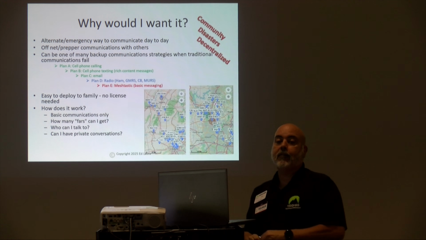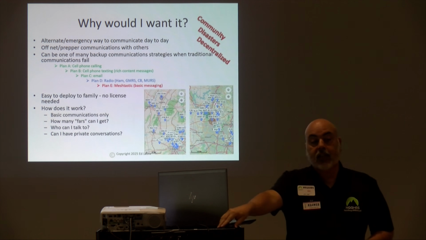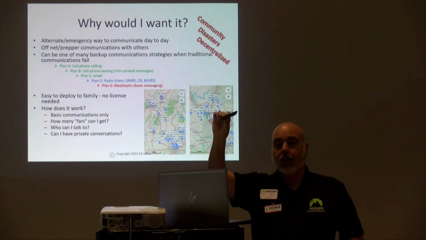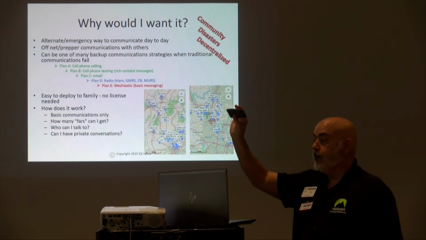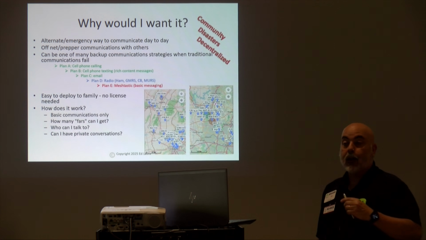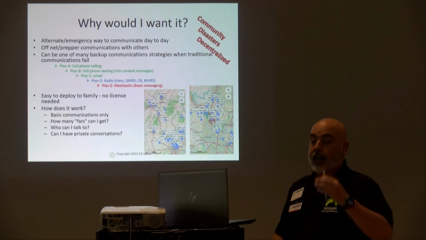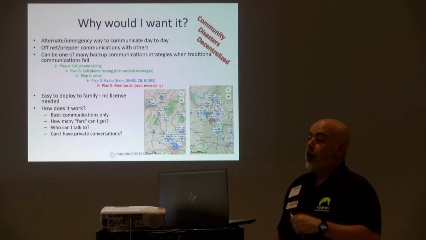That's where Meshtastic comes in. Plan E, Meshtastic doesn't need anything. It just needs two of these. If you've got two nodes, that's all you need. You can route to each other. If you're close enough, within 2 to 10 miles, as I said, depending on your position, you can talk directly.